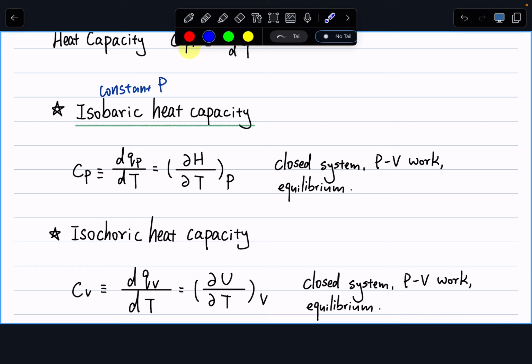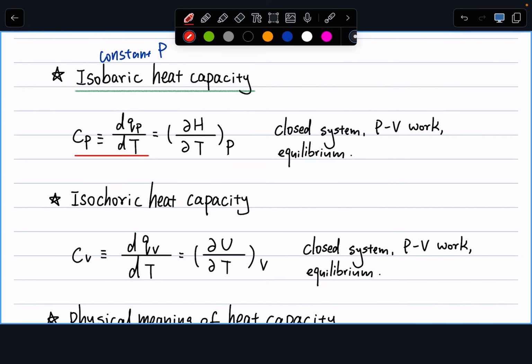Now, our CP, by definition, equals the infinitesimal change of heat at constant pressure over dT. And at the end of our last lecture, we went over the physical meaning of enthalpy.